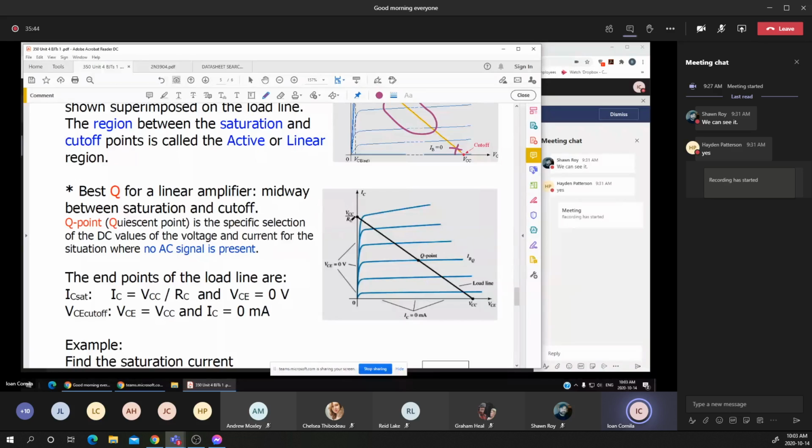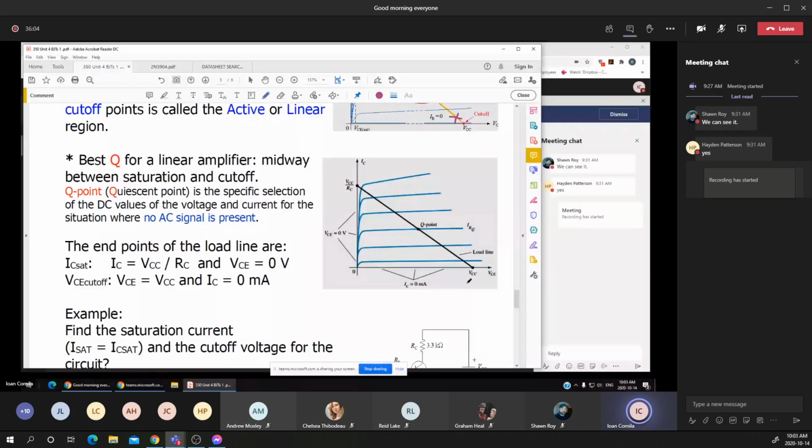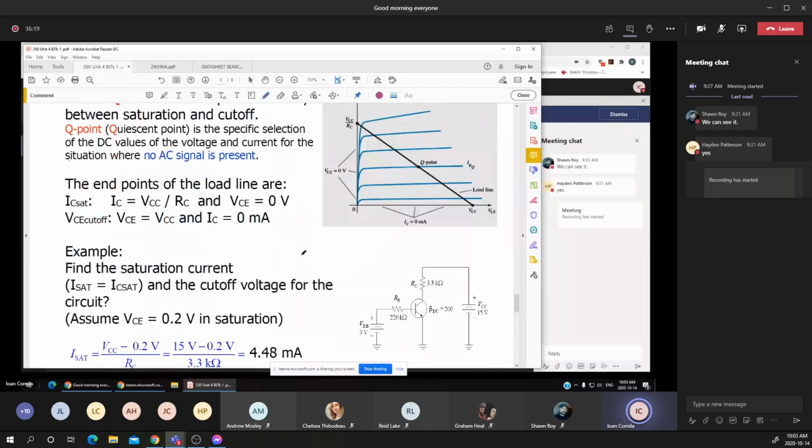Remember that on this simple circuit, and this is what we are seeing most of the time, the saturation current is given by the voltage source and the external RC, or the collector resistor. On the other extreme point is the VCC, which is the same as the collector-emitter maximum voltage, which is limited by the supplied voltage on the circuit.